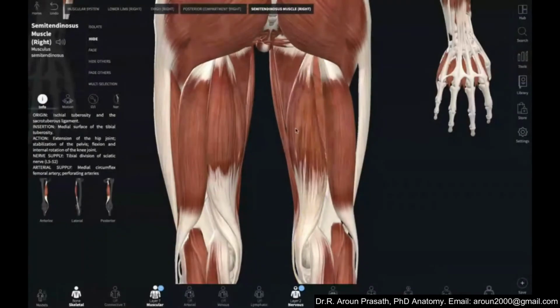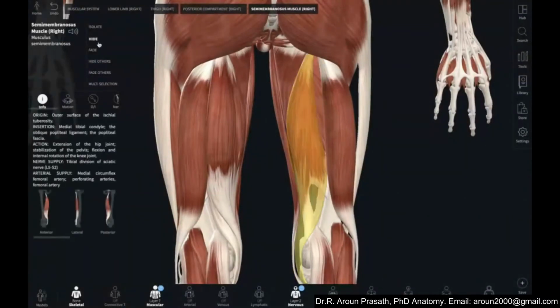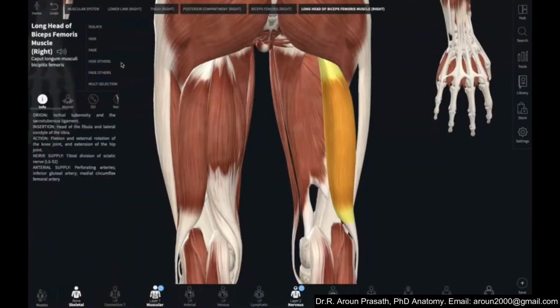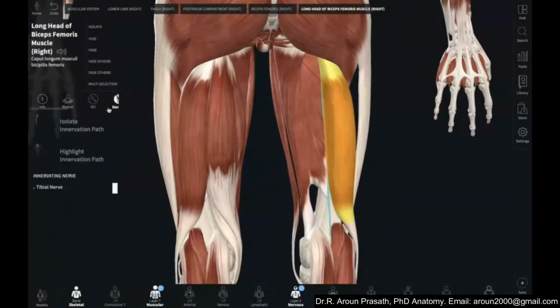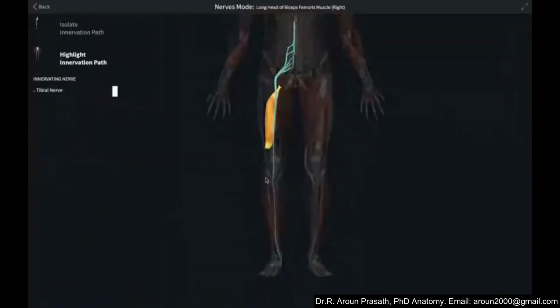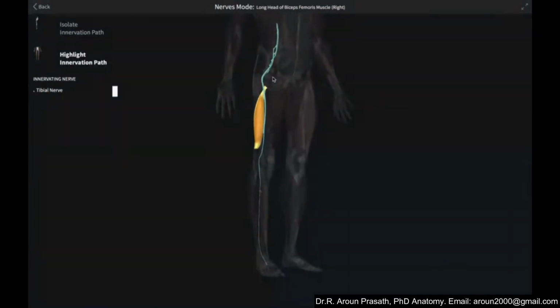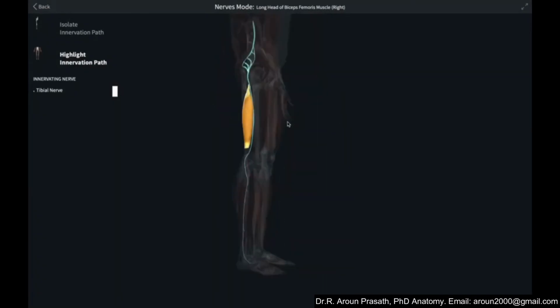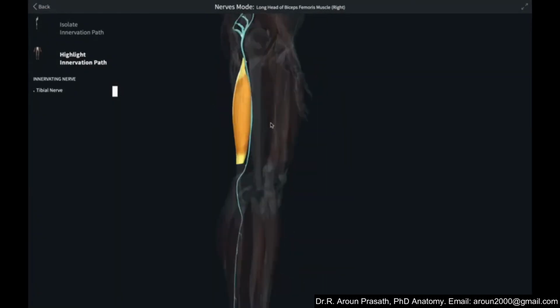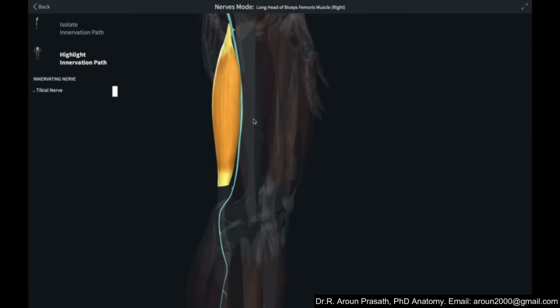Okay, so now I will remove this, and these muscles are innervated by the sciatic nerve. You can see the sciatic nerve passing in the posterior aspect of the thigh is supplying the muscles of the posterior aspect of the thigh.